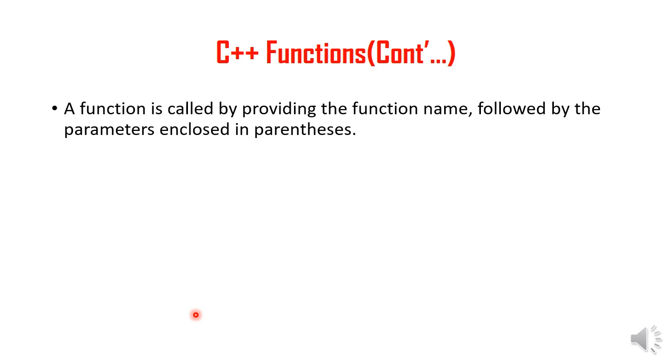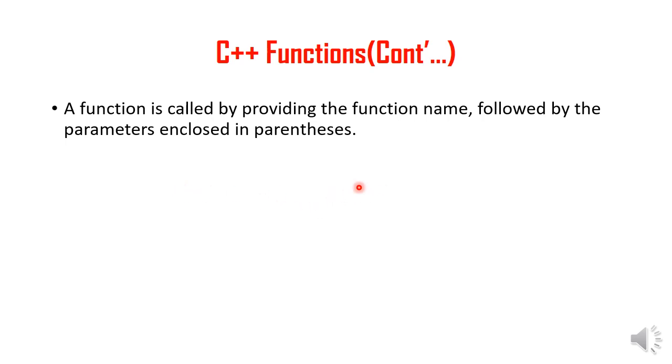So what is a function call? To call a function means to provide the function the actual parameters, or just the values that the function will use during execution of its statement.